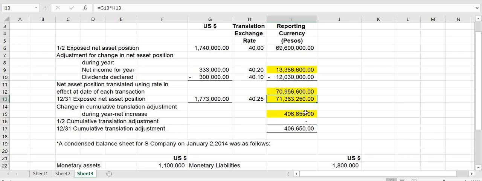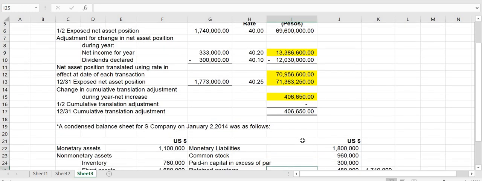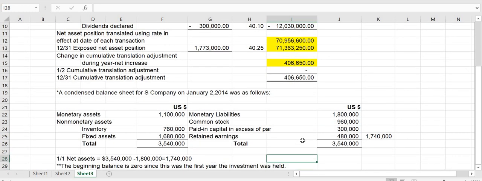That is actually the change in cumulative translation adjustment during the year or net increase. And since we don't have beginning balance, our cumulative translation adjustment at the end is actually still 406,650. Okay? Yan siya. So in the next video, we shall be discussing temporal method na. So, thank you.